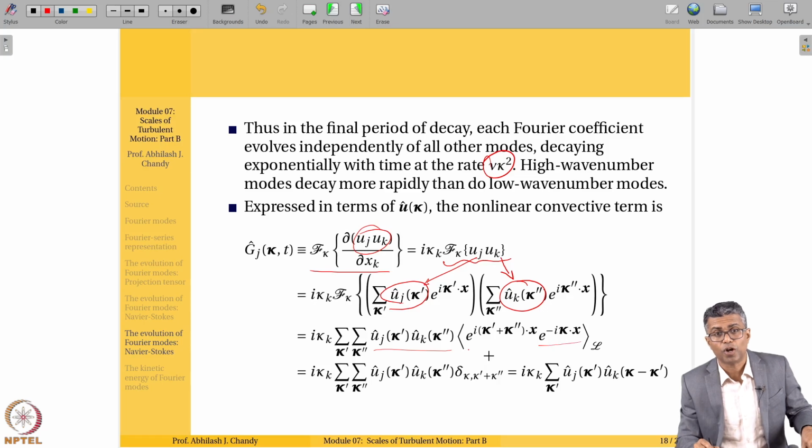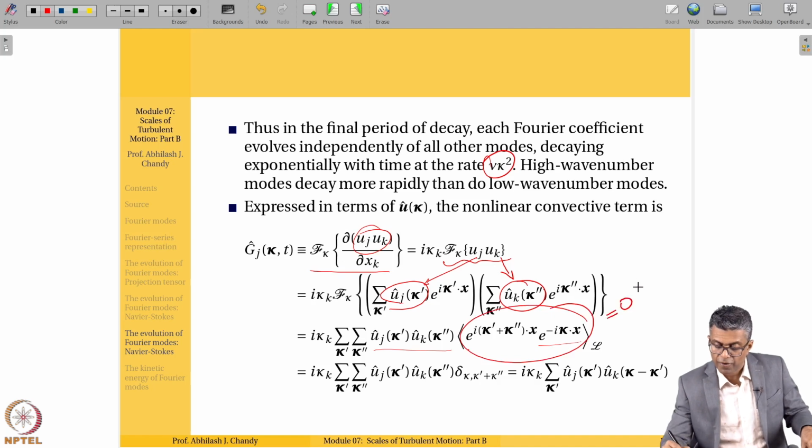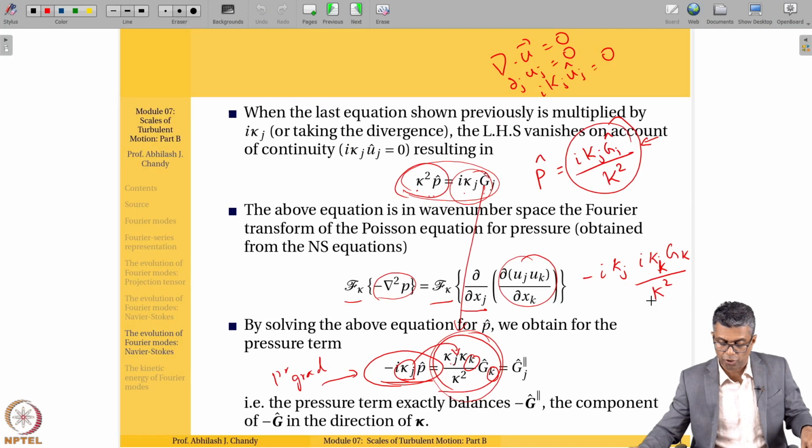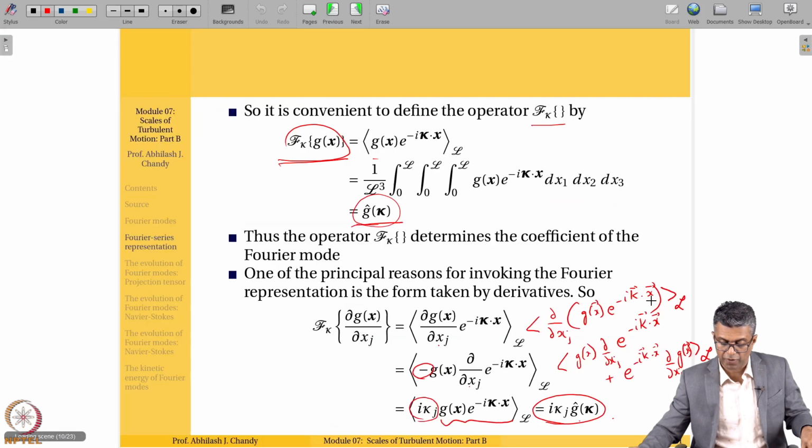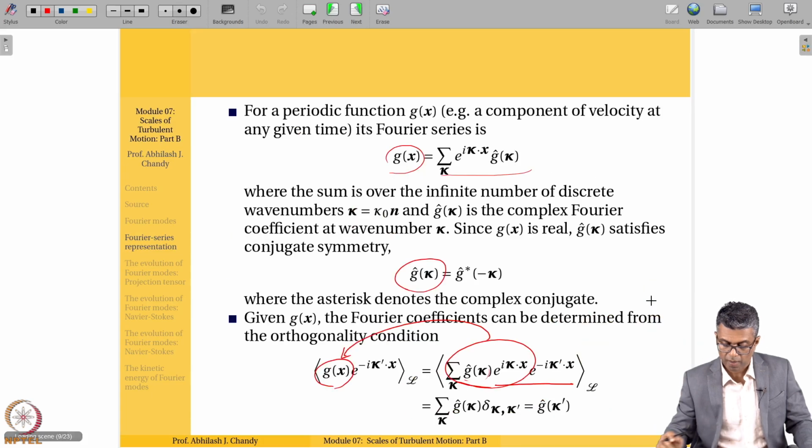Now I use the orthonormality property. Let me just go back to the orthonormality property to make sure. The orthonormality property is given here. It is equal to the Kronecker delta, 1 or 0, if kappa is equal to kappa prime.